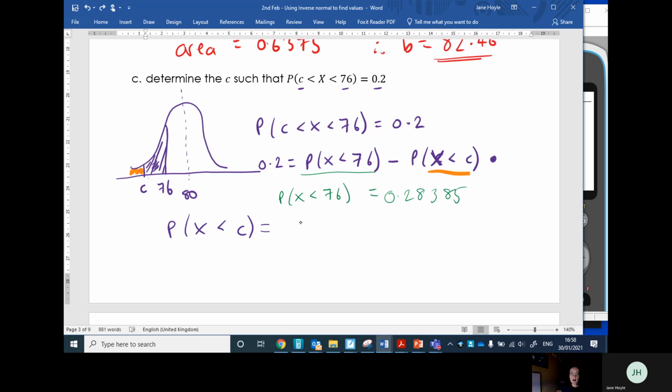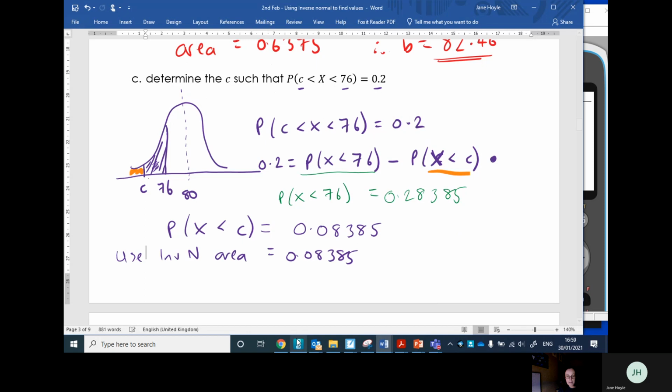But either way, I will be getting 0.28385 minus 0.2. So that is the area that I need to use the inverse normal on. So use inverse normal with an area 0.08385.